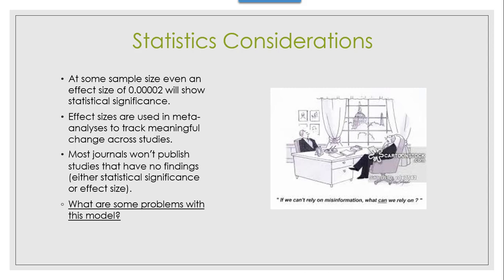Another thing that is considered a primary source is something called a meta-analysis. This is not where they have a methods and results section like samples and stuff like that.